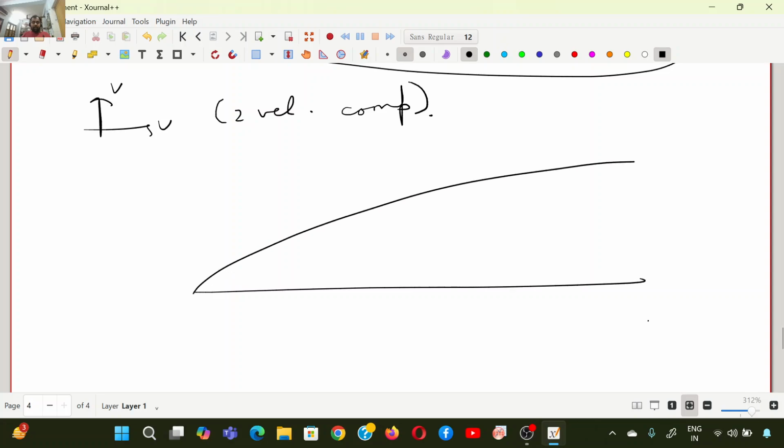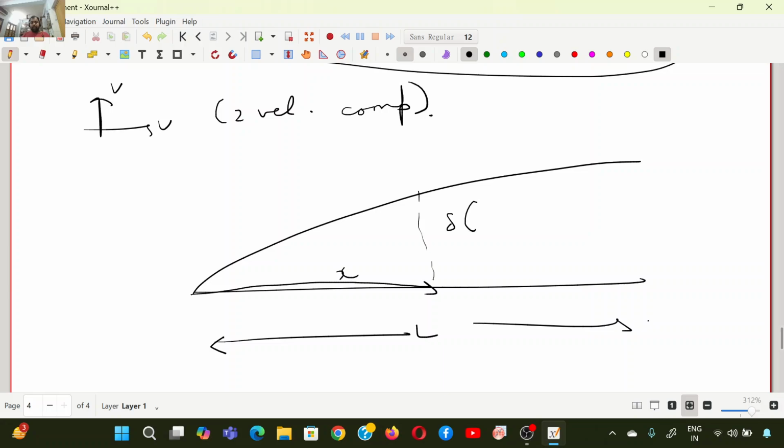And this is the boundary layer thickness. Say this is the dimension in x direction. At some x, you'll have a boundary layer thickness of delta x. Fine. And this delta is much, much smaller than L.